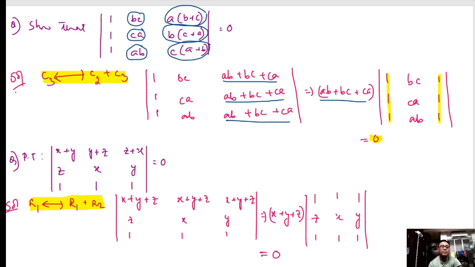So we add this R1 plus R2 and put it in R1. This plus this, put it in R1. This part comes common, and now we again have two rows the same, so the answer will be 0. Any two rows or any two columns of a determinant, if they are the same, then the answer of the determinant will be 0.